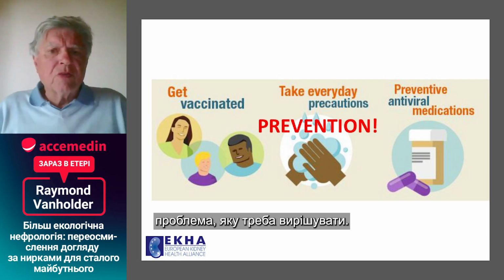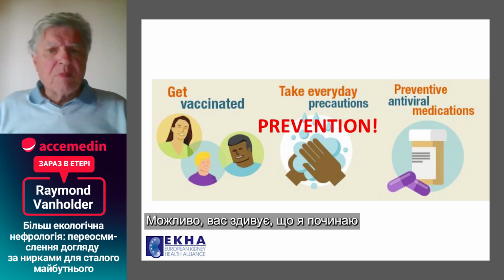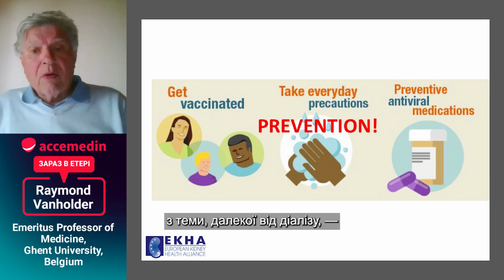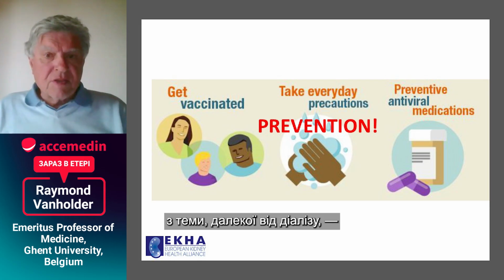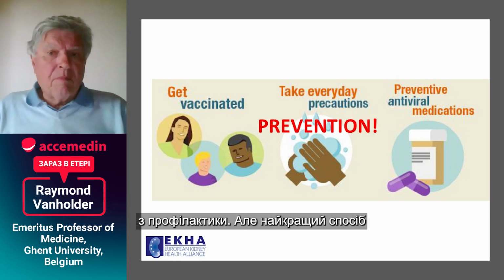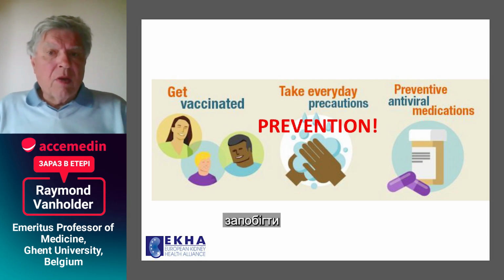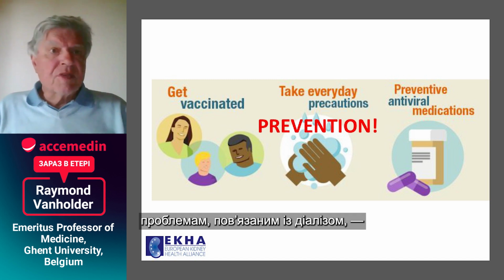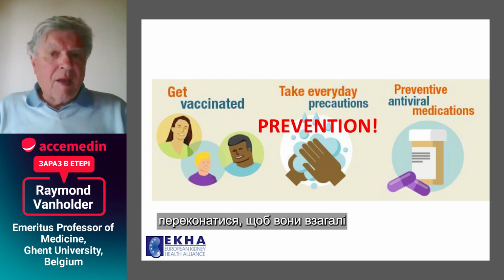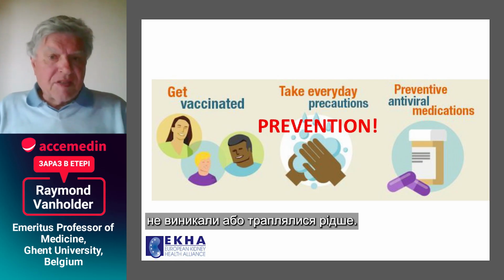How are we going to solve it? Well, you may be surprised that I start with something far away from dialysis, prevention, but the best way to forestall problems that are related to dialysis is to make sure that it doesn't happen, or it happens less.